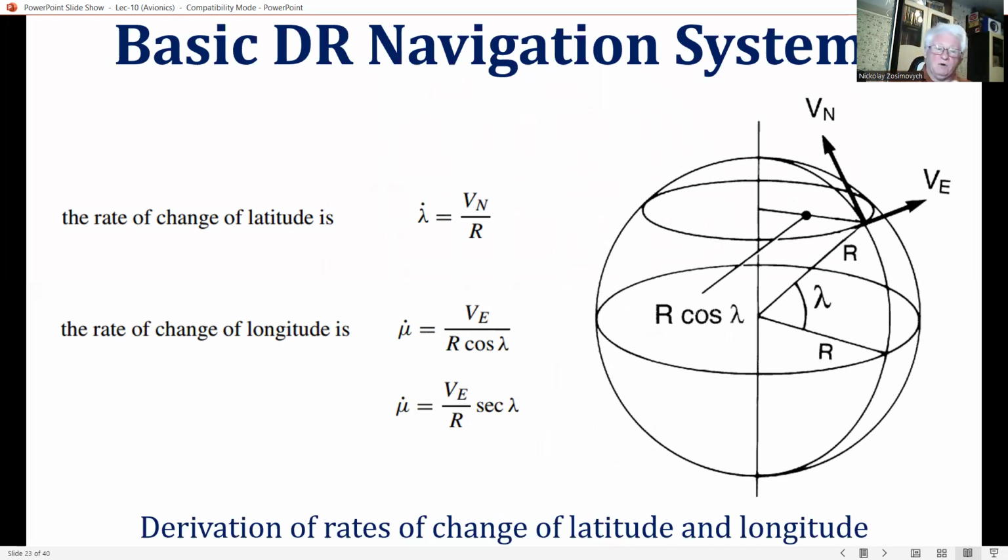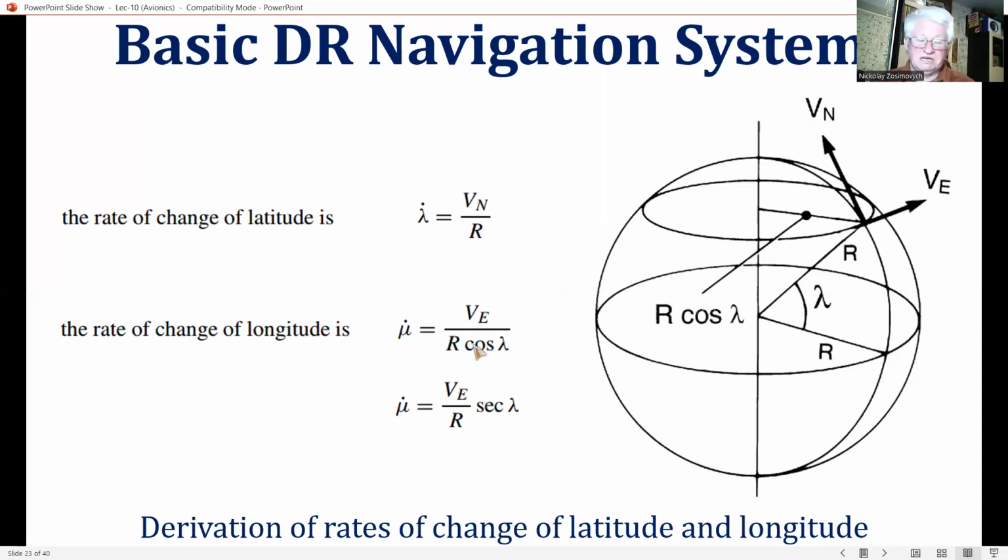Second, the northerly and easterly velocity components of the aircraft, V sub N and V sub E. Referring to this figure, it can be seen as the rate of change of latitude. The rate of change of longitude is mu dot. So mu dot will be proportional to V sub E over R, the radius, right? Times secant of lambda.